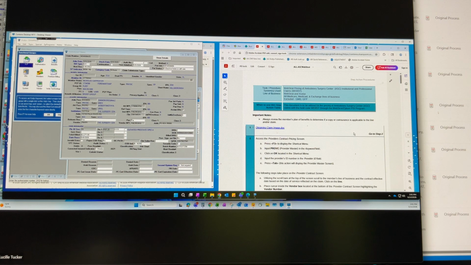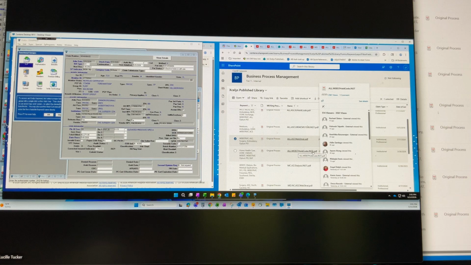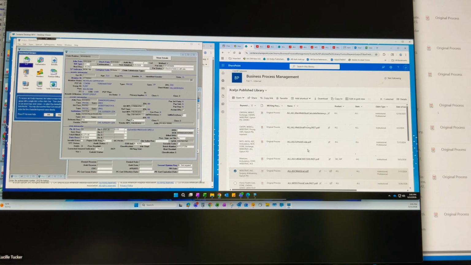Because what you'll see is if you have inpatient, we have an inpatient Wbstrat. There's actually one for dialysis too.